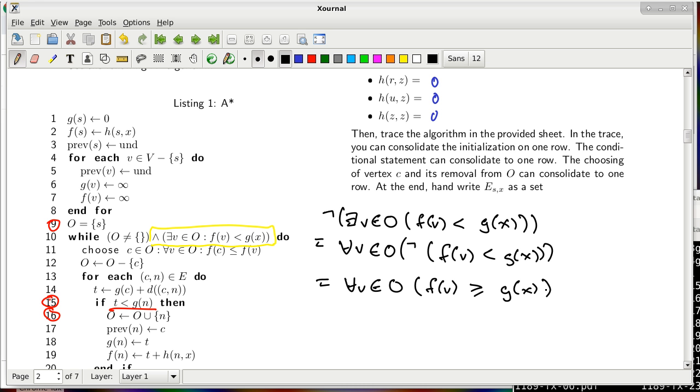Okay. So if every single vertex in O has this particular property, why can I claim that there are no more shortest paths? If I say that there's one shorter path still existing here, then we have a contradiction.